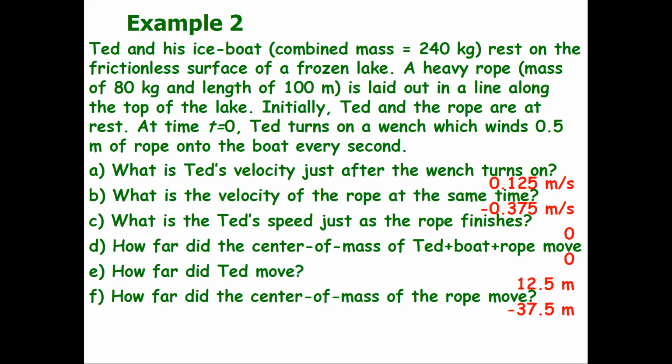That's why you see that negative 37.5 there. How do you arrive at that? You look at the speed, also using part A and B in the formula of momentum, so that you are able to determine how much of that 100 meters of the rope was tied on the boat before the boat reached the shore.